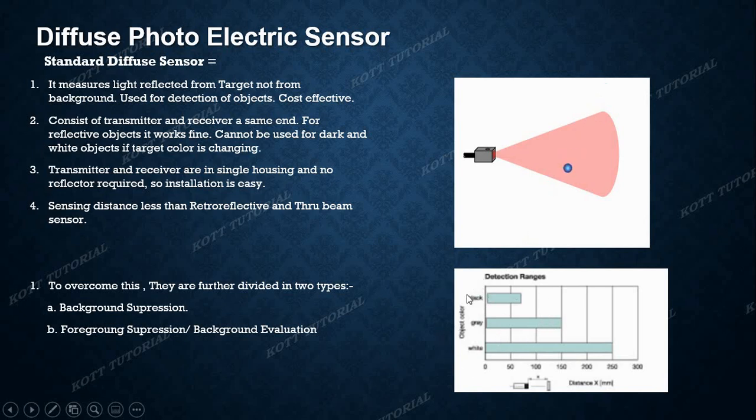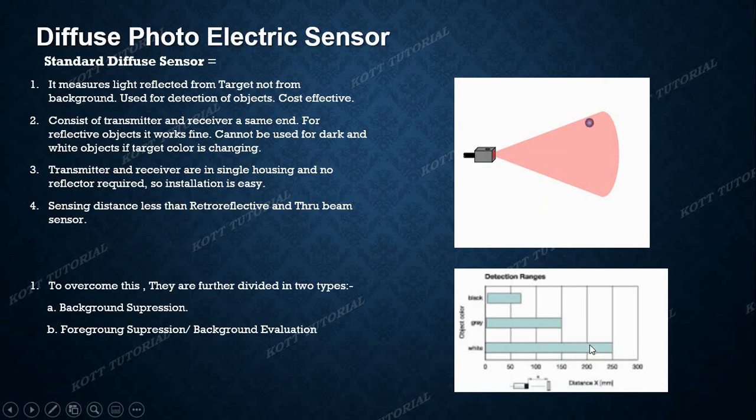So this is the major drawback of a standard diffuse sensor. These are cost effective sensors, but this sensor can be used only if I am having a single color product. Say if I am having a black color product at a distance of 50 mm, I can use this sensor.